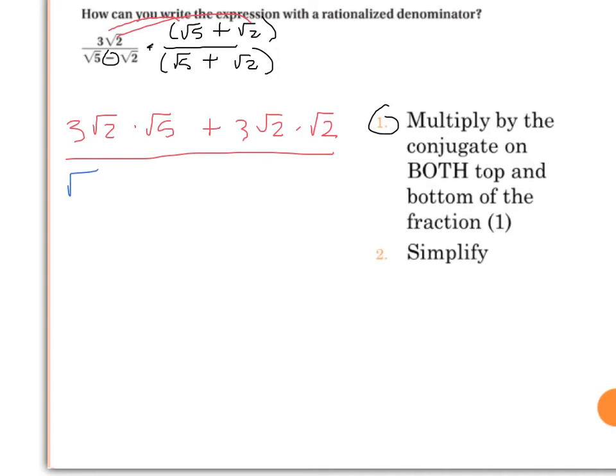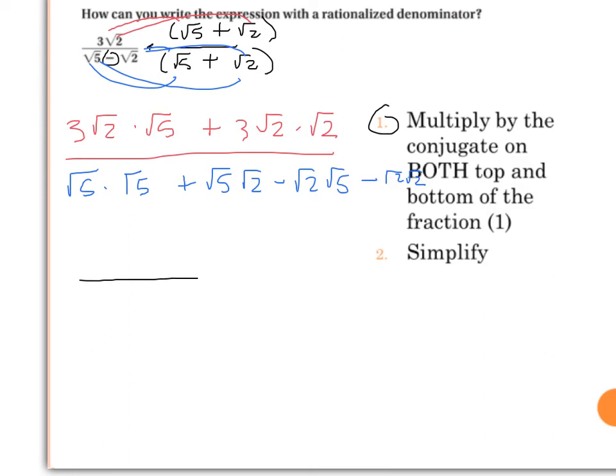So I'm going to have square root 5 times square root 5 plus square root 5 times square root 2 minus square root 2 times square root 5 and subtract square root 2 times square root 2. Again, that was just distributing my first term and my second term.